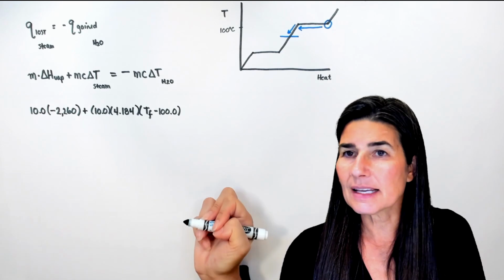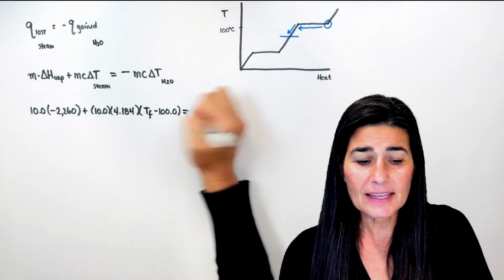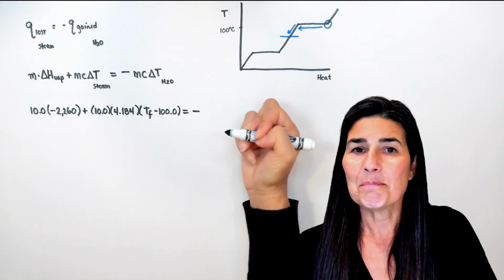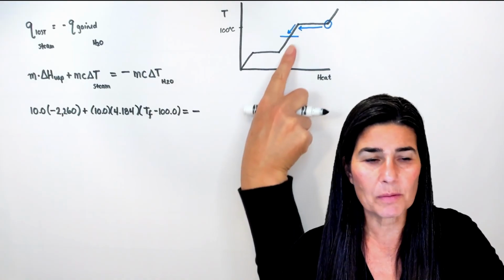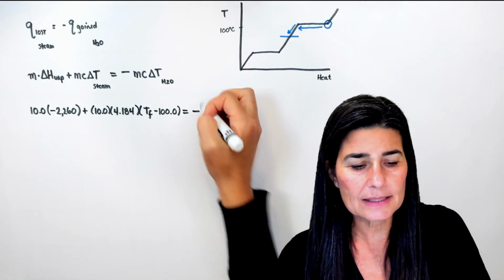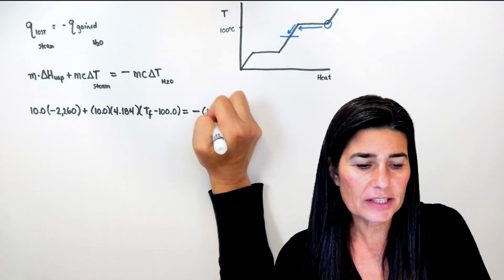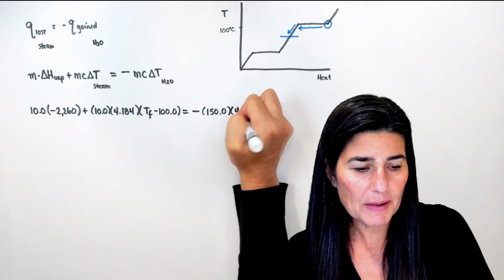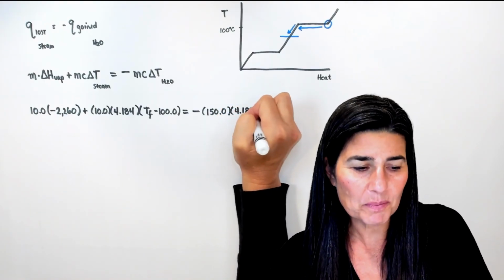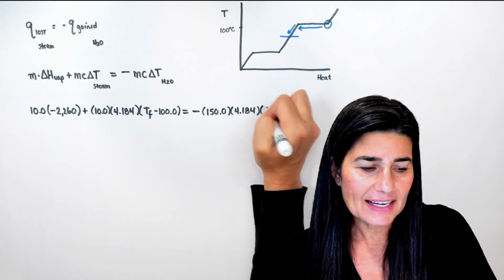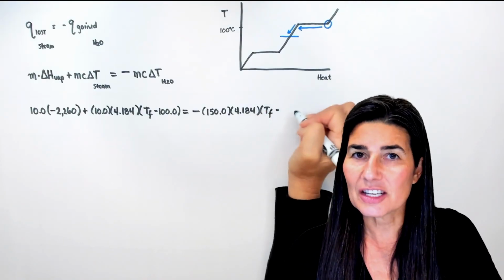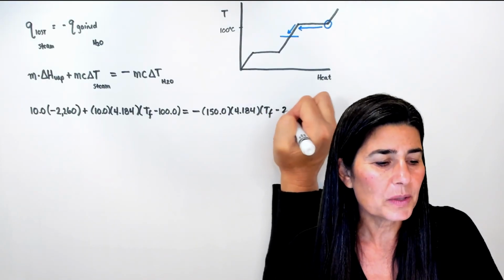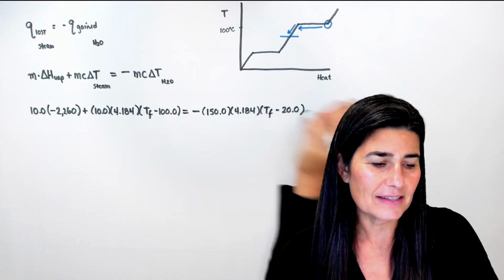Okay, that takes care of our steam. This equals negative mass of our cold water that will begin to rise from 20 degrees. That cold water started off as 150 grams. The specific heat capacity of the cold water, 4.184, and then T final minus the initial temperature of the cold water, which was 20.0 degrees Celsius.